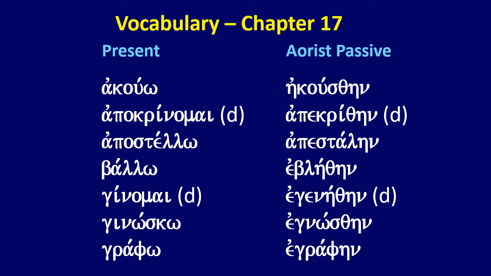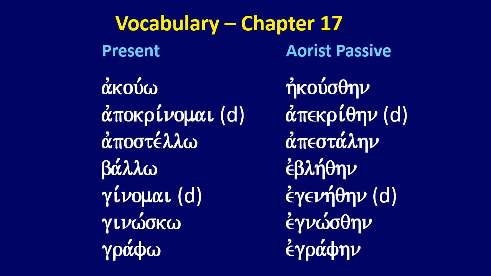Now let's start at the top with a word we've already learned, akuo, meaning I hear. In its aorist passive form, it would be akusthein, I was heard. Next is apokrinomai in the present tense, and you'll notice it's deponent there, meaning it has middle and passive form endings, and yet it is active in function.